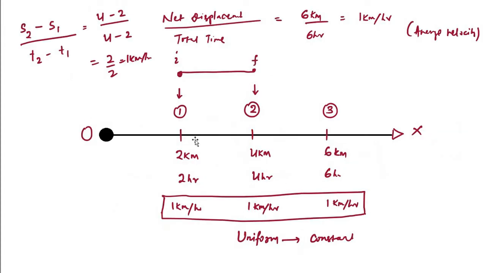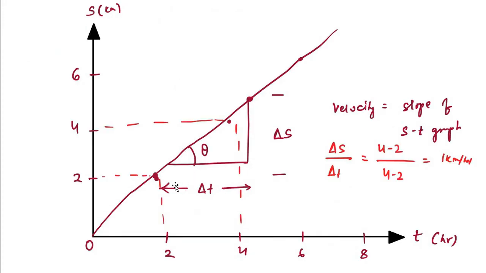This we have described here in a numerical manner. This is done here graphically from the graph, which is basically the slope. The slope here is constant everywhere, because this is uniform velocity. It means the velocity at each instant of time is constant.